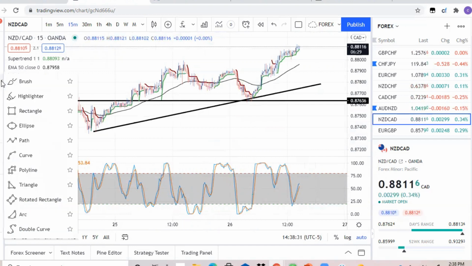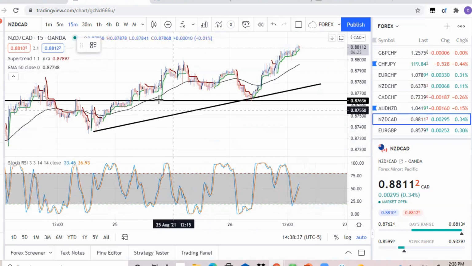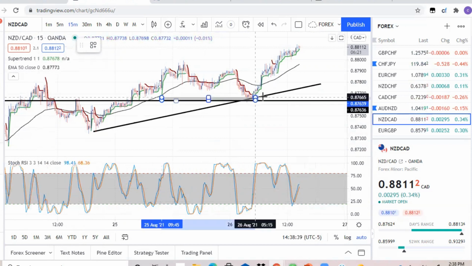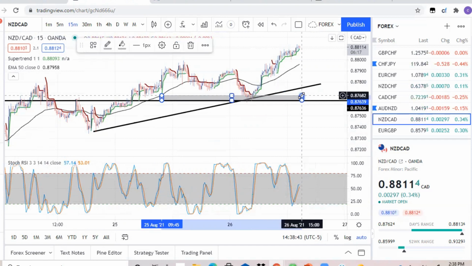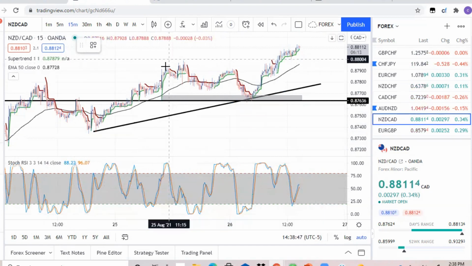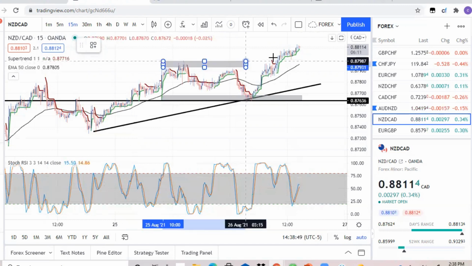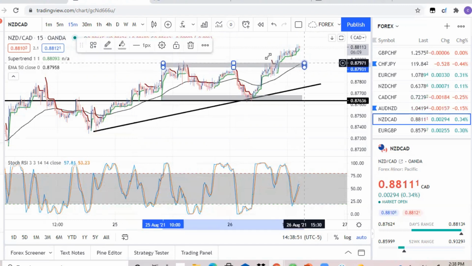The next thing I would like to go into are the geometric shapes that you can use. The rectangle is a very popular one that I use when I'm marking up my supply and demand. Very, very useful tool. It's more for when you are setting up zones, rather than a specific entry point. Let's just say you have a resistance or support zone that you're waiting for the market to enter into.